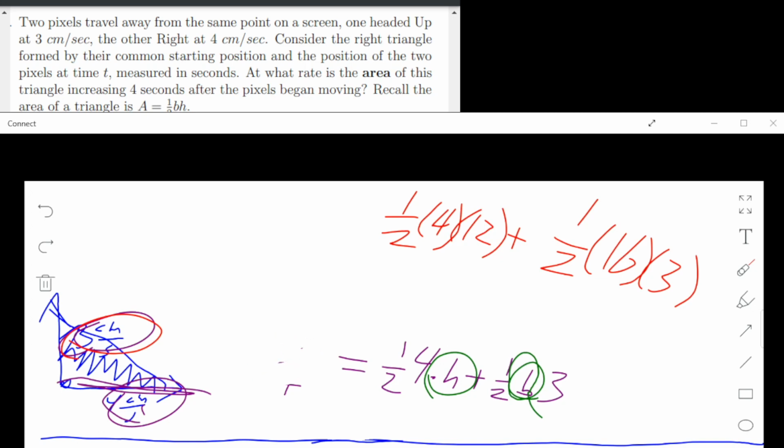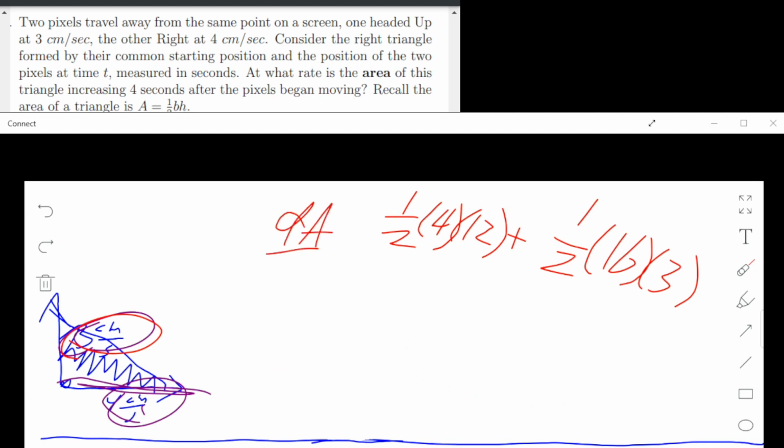And now we just need to calculate this, and this will be precisely what dA/dt is equal to. So that would be 1/2 times 4 times 12 is 24. Plus 1/2 times 16 times 3, which is also 24.